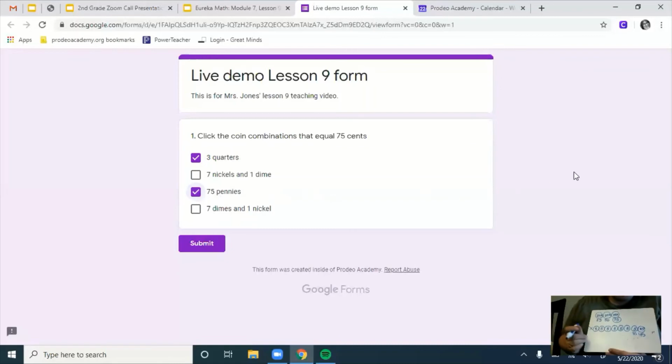My last one, 7 dimes and 1 nickel. So I'm going to draw my 7 dimes. 1, 2, 3, 4, 5, 6, 7. And I know that my dimes are worth how much money? Right, 10 cents.